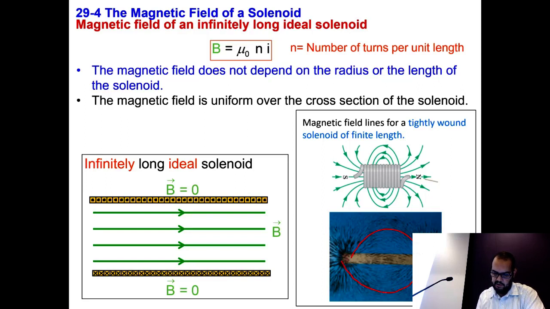So these are the magnetic field lines, okay? Notice the shape is almost similar, okay? And so here the length of the permanent magnet is about the same length as the short solenoid, okay? But for a short solenoid, in this case, the magnetic field outside of it is not going to be zero, and inside it is not going to be very uniform, but we can make an approximation.